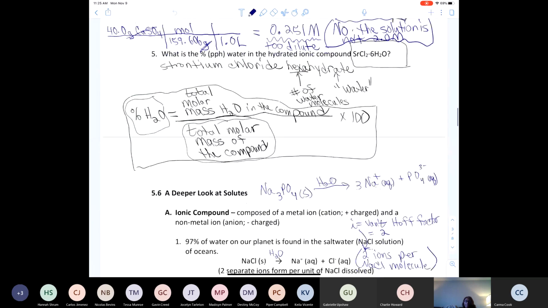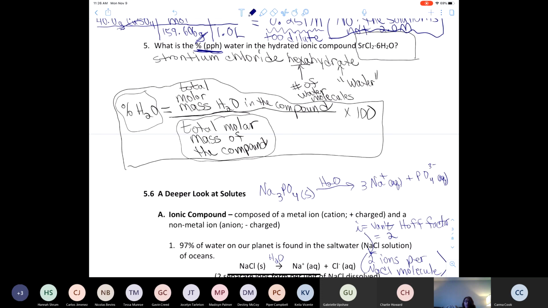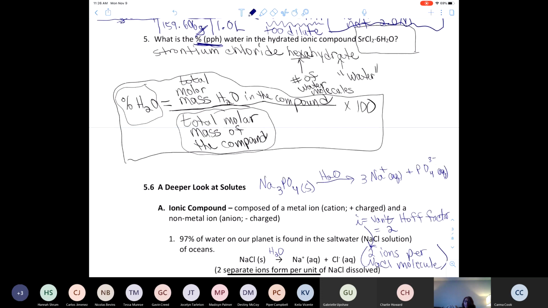And so question 5, we want to know the percent, or parts per 100, water in the hydrated ionic compound strontium chloride hexahydrate. So what is the answer to that one? We did calculations for this last week in our lab.